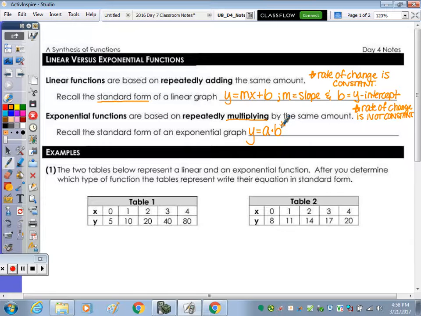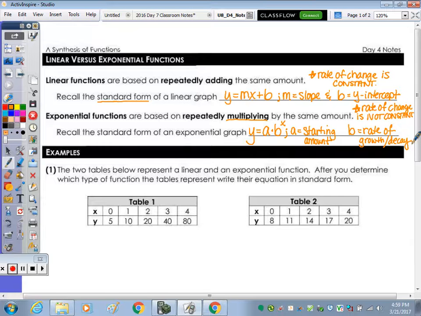Remember, the x is in the exponent, where your a value is the starting amount or initial value, and the b value is your rate at which you grow or decay.